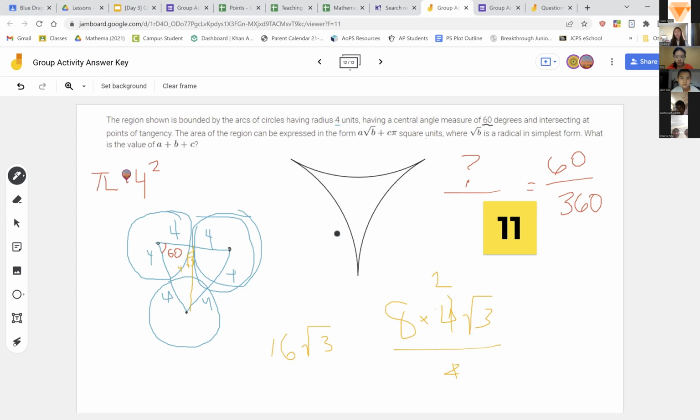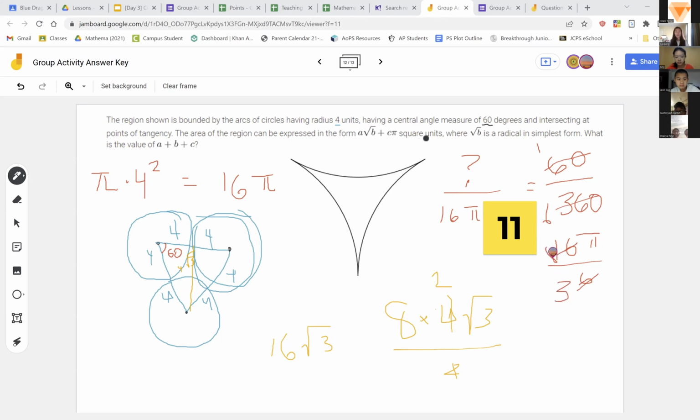So if the bottom is 16 pi, this simplifies to 1 over 6. When you solve this proportion, you multiply both sides by 16 pi, so you get 16 pi over 6, which is also 8 pi over 3.